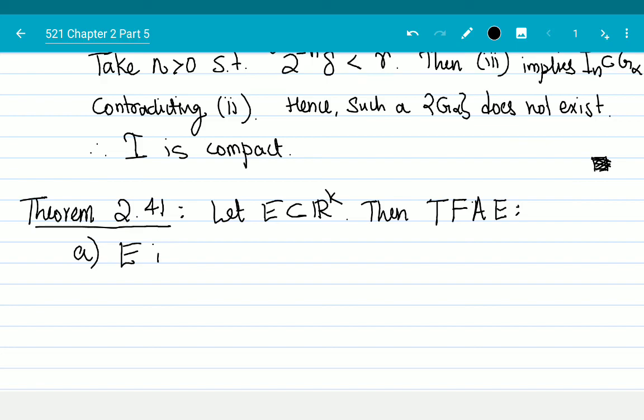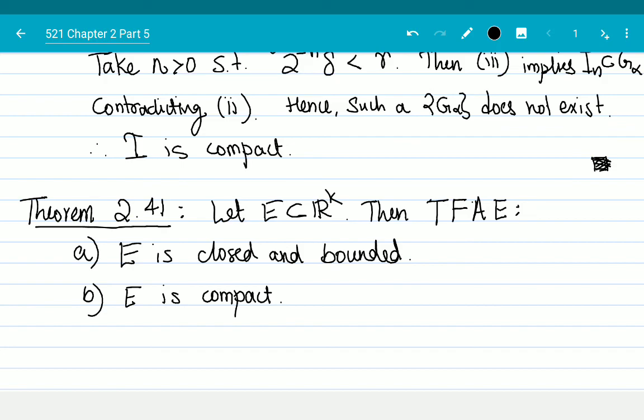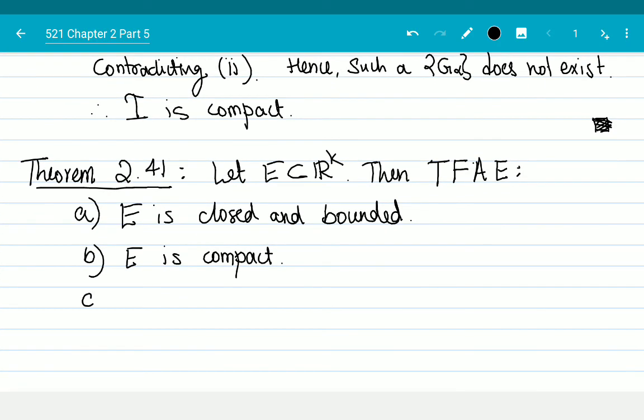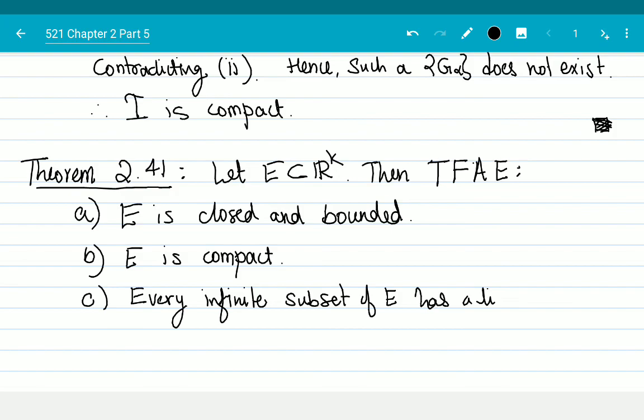First, E is closed and bounded. Second, E is compact. And third, every infinite subset of E has a limit point in E.